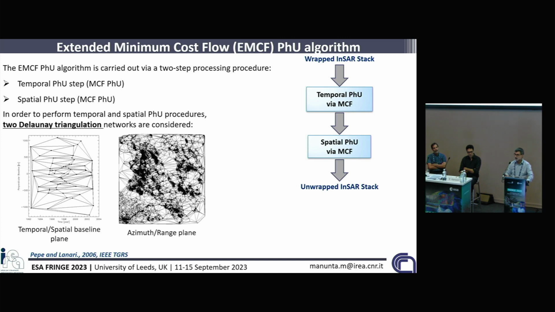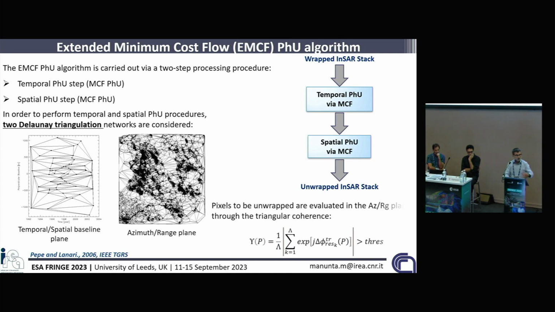On the right, we have the spatial domain in the azimuth range plane. Here, each point represents a SAR pixel, and each arc is a phase gradient, so the phase difference between 2 pixels. In order to select the pixels to be unwrapped, we apply the triangular coherence.